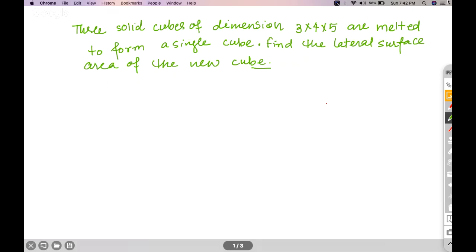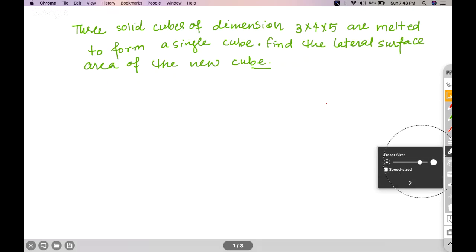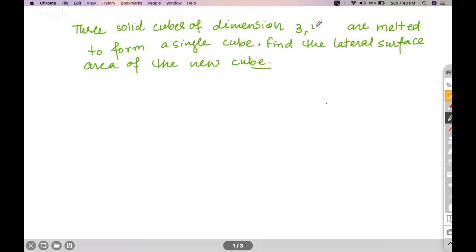Let me know once you have solved the question. And this is not into, because these are three cubes, so this will be a comma here. I'm just changing a few data: 3, 4, and 5 centimeters.